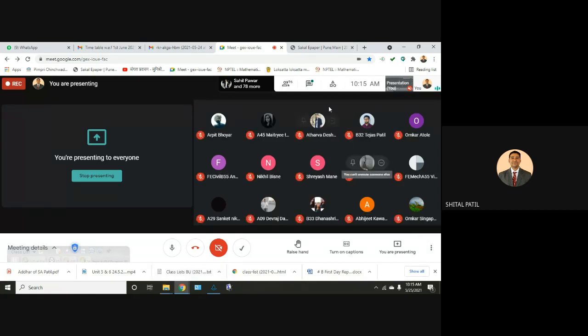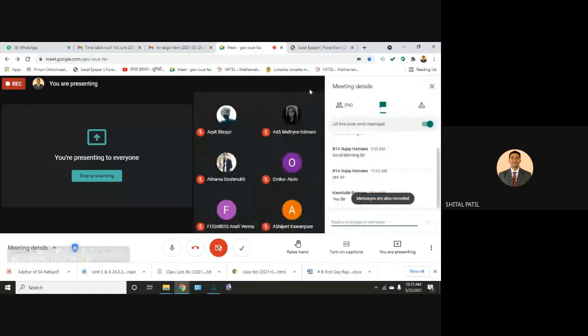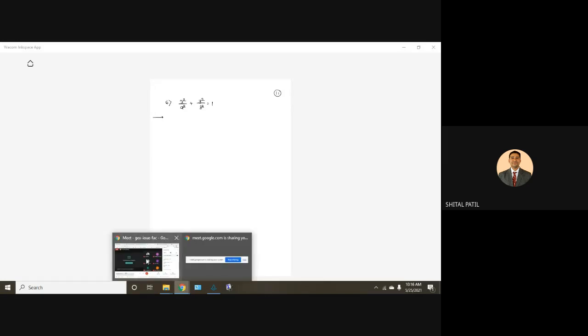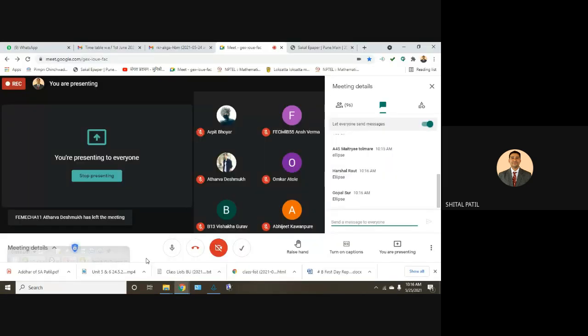Write in the chat box fast. Yes, many of you are getting the correct answer. What about the remaining? Athar, Ansh, Arpit, Omkar, write your answer. Yes, it represents an ellipse.